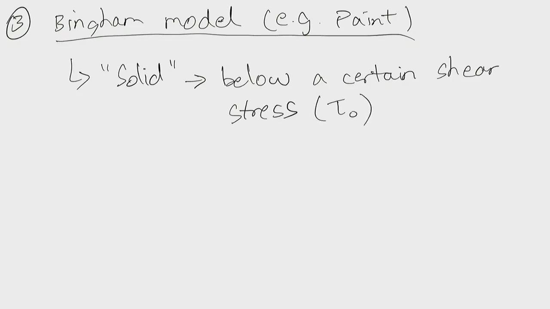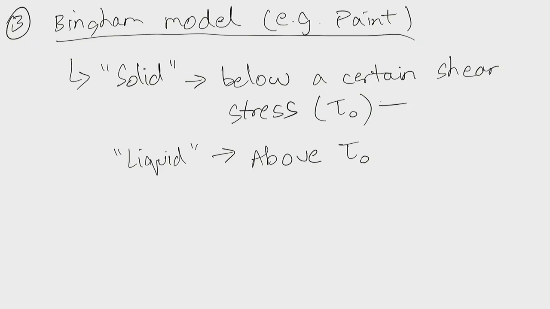And we'll call that shear stress tau naught. And above a certain shear stress, it operates as a liquid. So tau naught is also known as the yield stress because above tau naught, you have liquid behavior of this Bingham fluid.